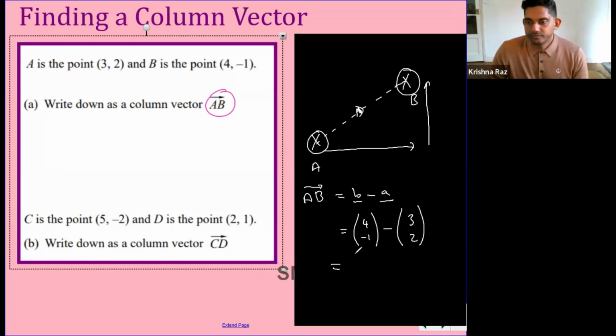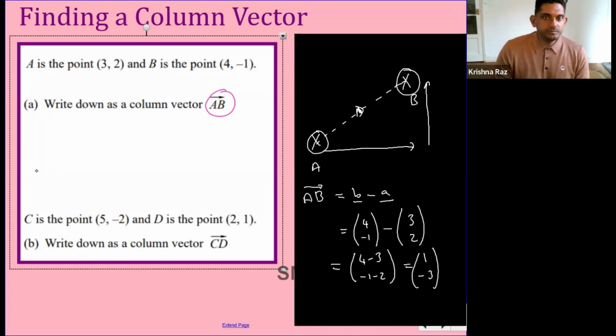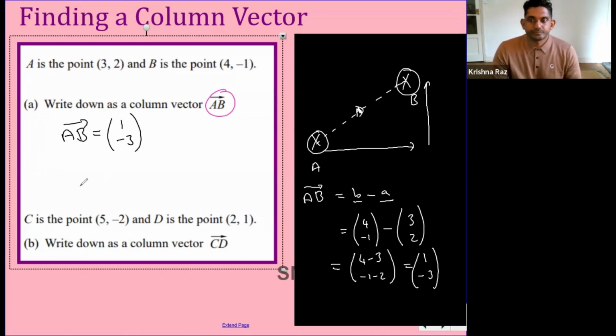So we have 4 minus 3 and -1 minus 2, which gives us (1, -3). So the vector AB is (1, -3).